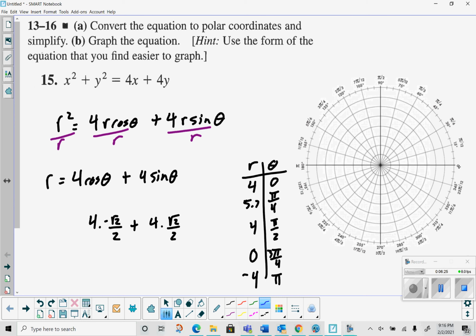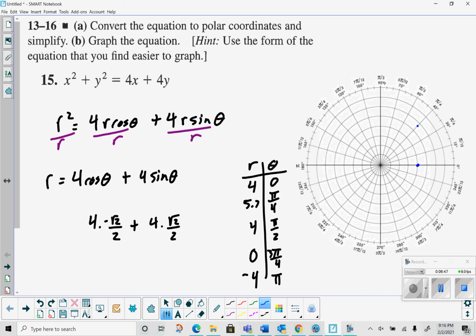Well, let's see what this is starting to look like. So when my angle here is 0, I need a radius of 1, 2, 3, 4. When I'm at pi over 4, I need a radius coming forward of 1, 2, 3, 4, 5.7.